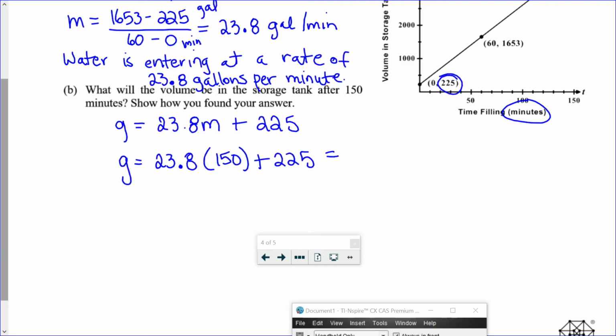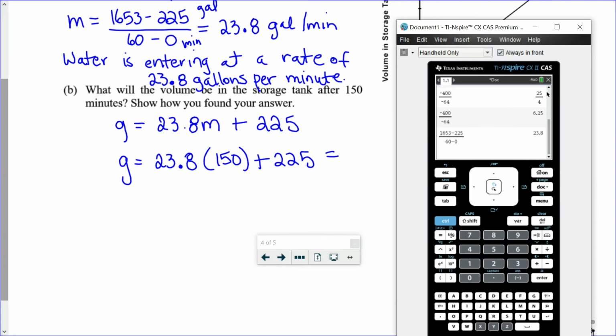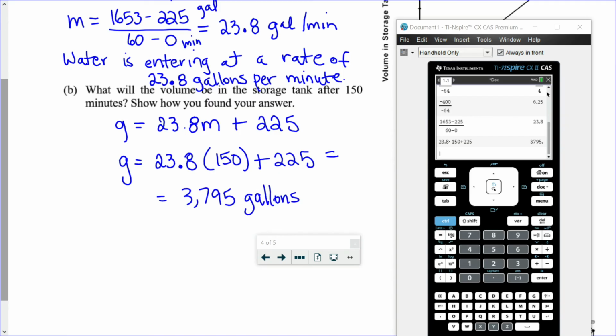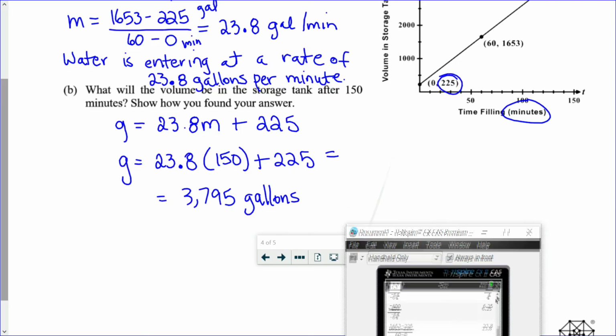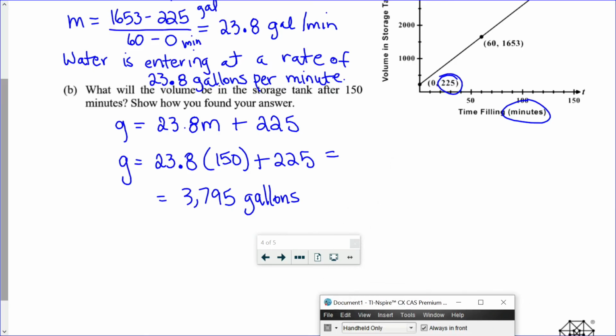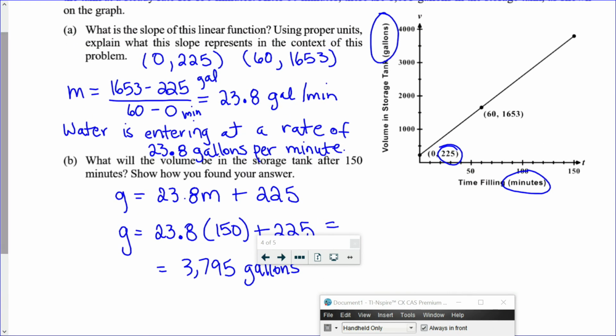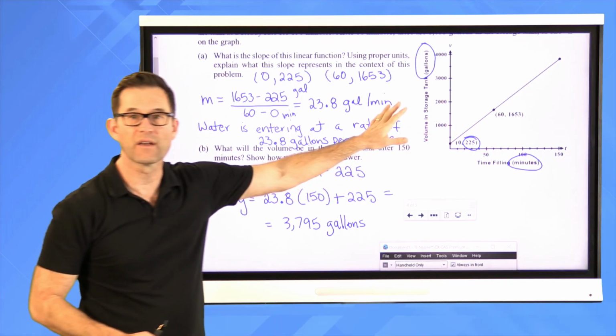Again, we'll let the calculator do the hard work here. We've got 23.8 times 150 plus 225, and that gives me 3,795 gallons. Right? And that definitely makes sense with the context of the graph.